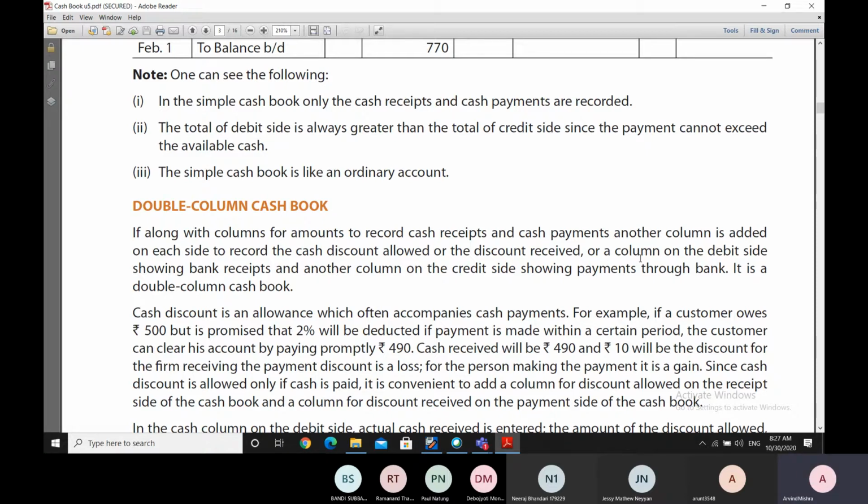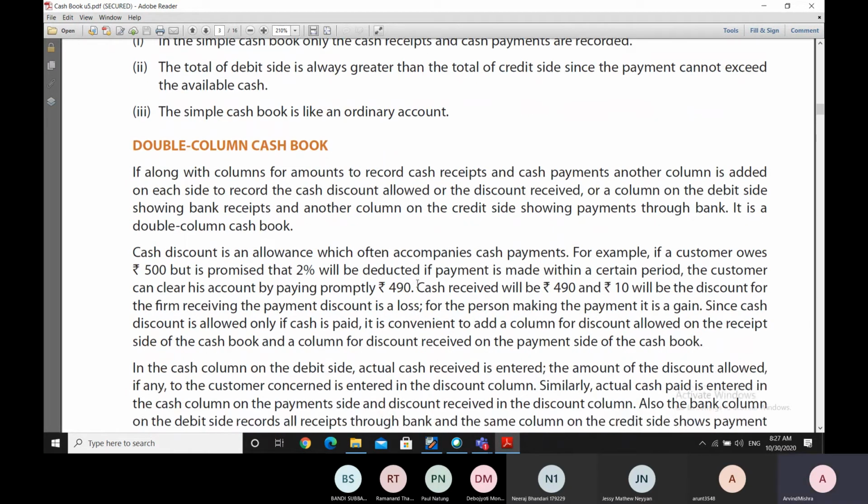Or we can have a column on the debit side which shows the bank receipts, and another column on the credit side showing the bank payments, or the payments made through the bank. So when we add one more column, then we call it a double column cash book, and if we add two more columns, then we call it a triple column cash book.